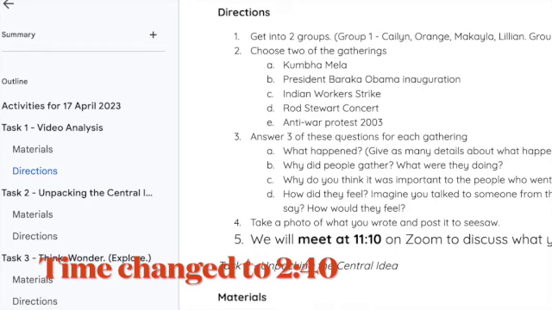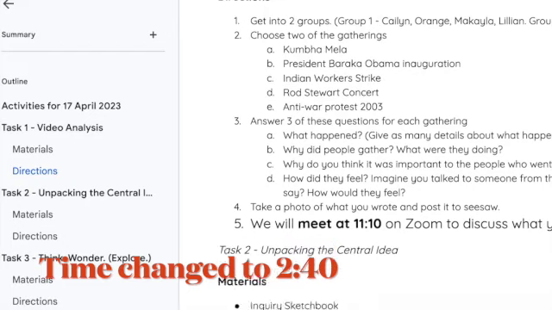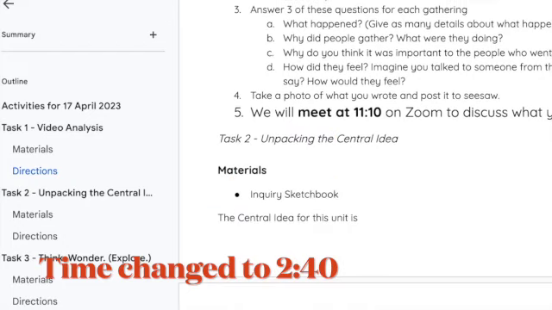You remember the 5 gatherings were Kumbh Mela, President Barack Obama's inauguration, the Indian workers' strike, Rod Stewart's concert, and the anti-war protests. You choose 2 of those, and then you answer 3 of these 4 questions. So we've got 4 questions there. You just need to answer 3 of them.